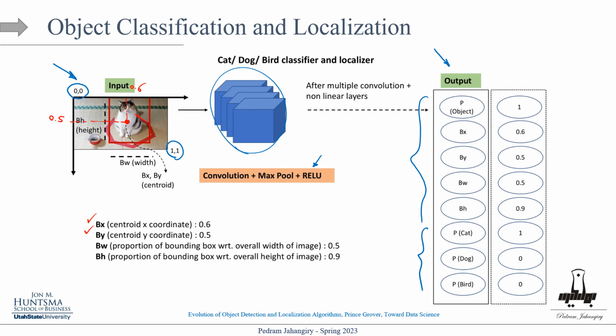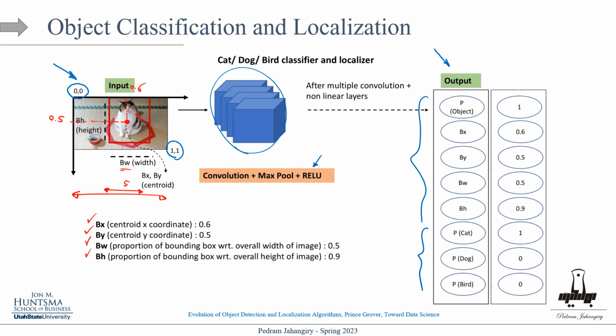Then we want to come up with a bounding box around it, right? So we have to say, okay, this is bw. bw is basically simply the proportion of the bounding box with respect to the overall width of the image, right? So imagine if the total width of the image is 100%, this thing that we are doing is maybe roughly 50% of that. That sounds fair, right?